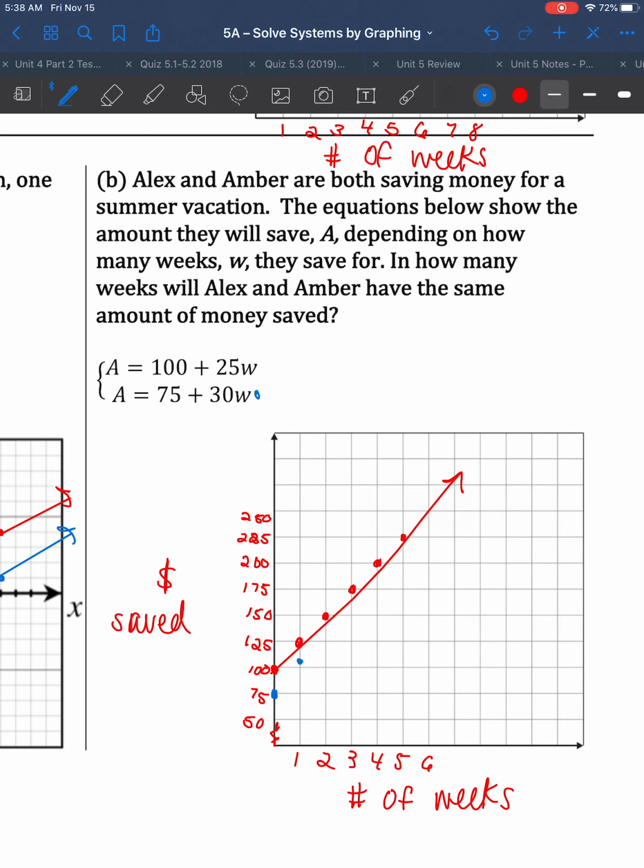So from 75, if I went up $30, that would put me at 105. Then the next week would be 105 plus 30 would be 135. Then plus 30, 165. Plus 30 would be 195. And then I would be at 225. Okay.